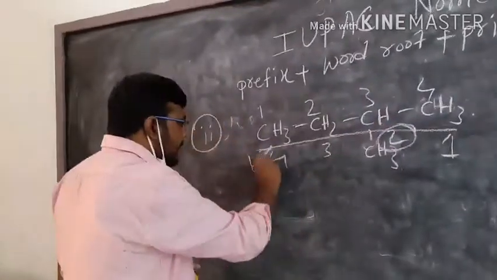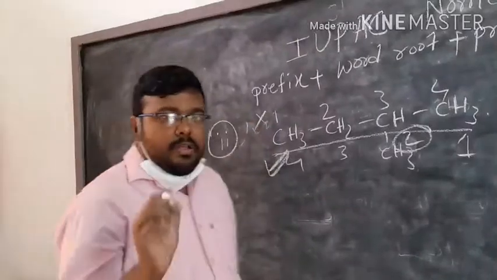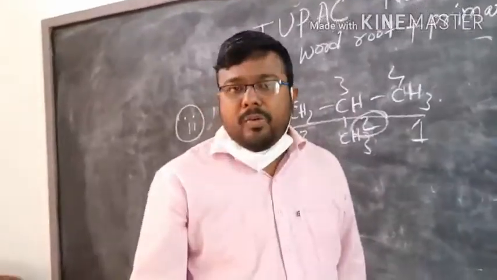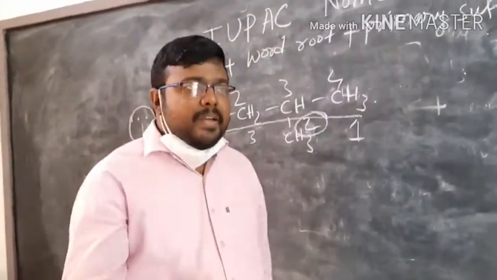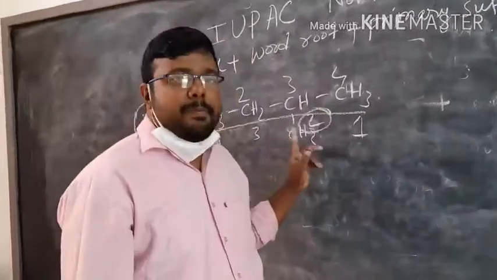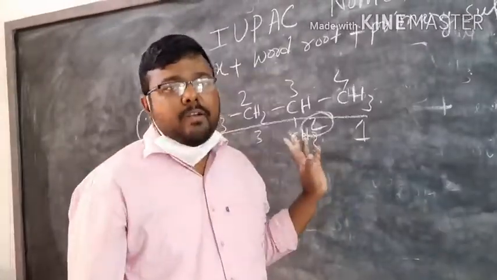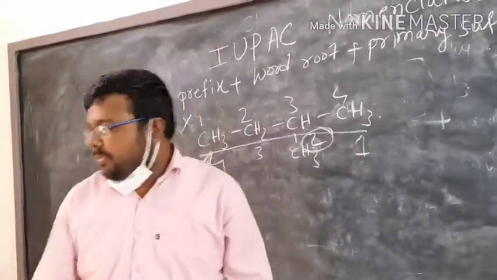So this numbering is correct and this is wrong numbering. So during the numbering of the parent chain, we have to remember that the numbering should start from the end where the substituents, if any are present in the compound, should get the lowest possible number, or if any functional group is also present in the compound, that should get the lowest possible number.